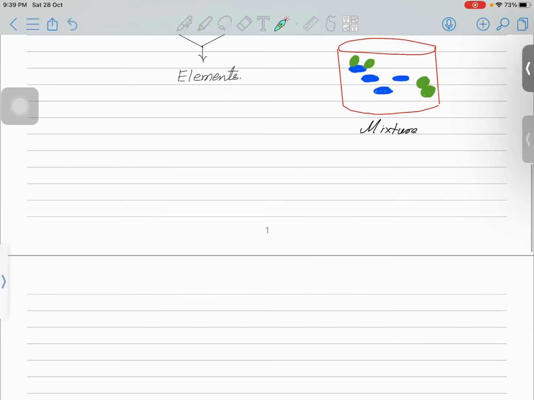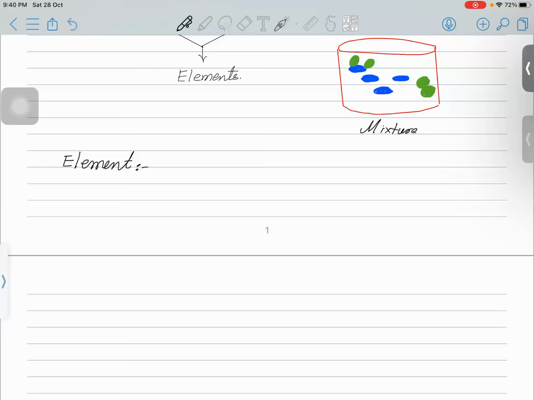Sir, atoms can't be broken down into simpler substances, and elements also can't be broken down into simpler substances? Yes, element is already simplest. Atom is already simplest, so no one can divide it. So molecules can also not be broken down into simpler substances? Molecule can be divided into atoms. So elements cannot be broken down into simpler substances, but molecules can be broken down into different atoms.